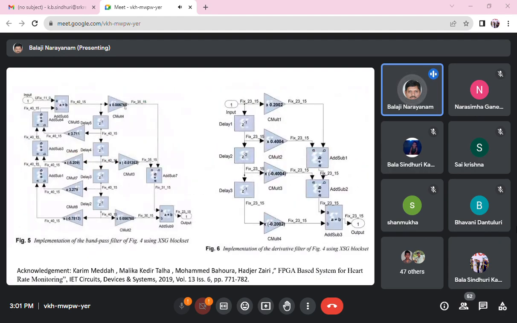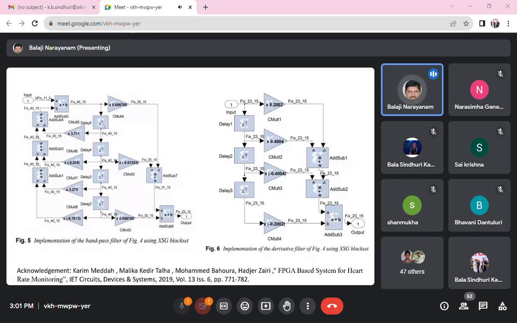For the Xilinx System Generator implementation, if you want to implement the band pass filter, it's a 4th order filter. In your Xilinx System Generator, this is an adder, so you can just use an adder block. You can drag, drop, and connect. Then you need a multiplier. You need a delay element.